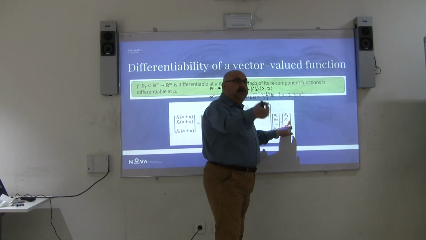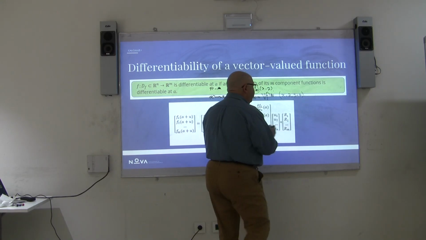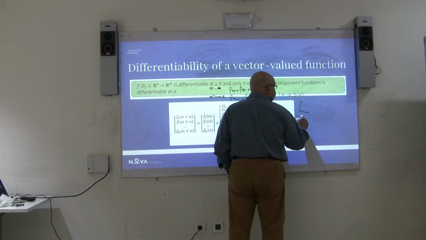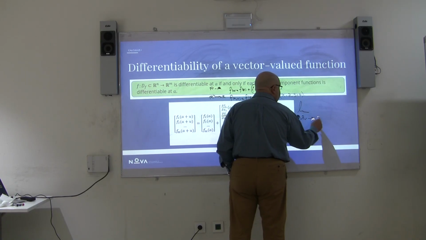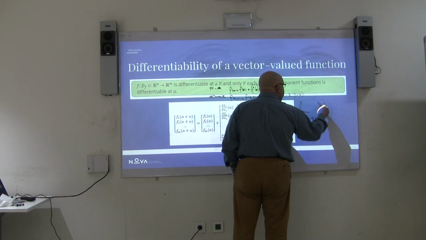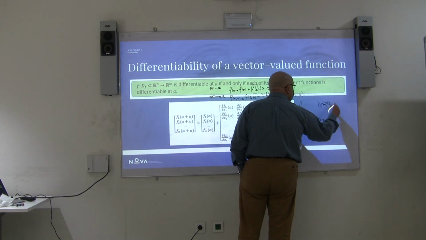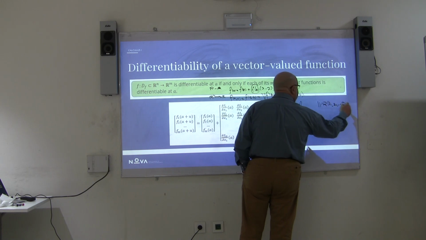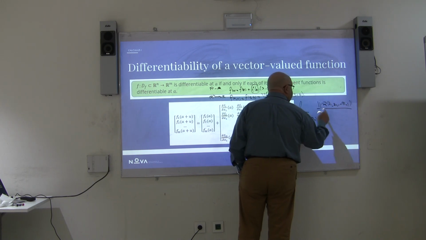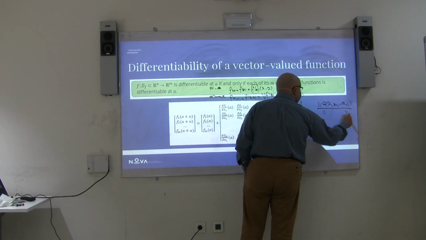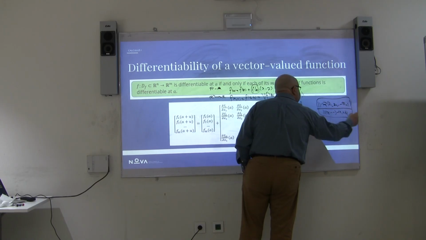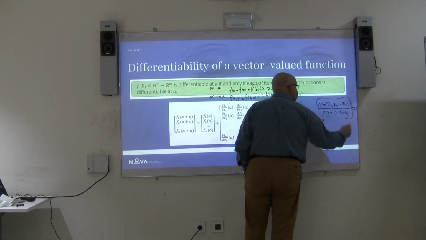For the remainder term, if you remember, I will take the limit as x tends to a1, a2, up to an, of the norm of the remainder term divided by the norm of x minus a, and that's the limit which should exist and equal 0.